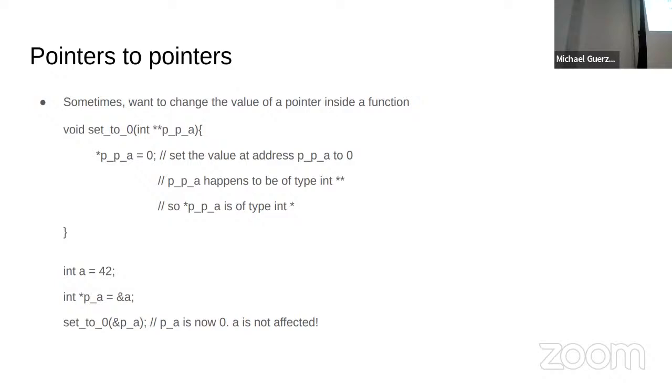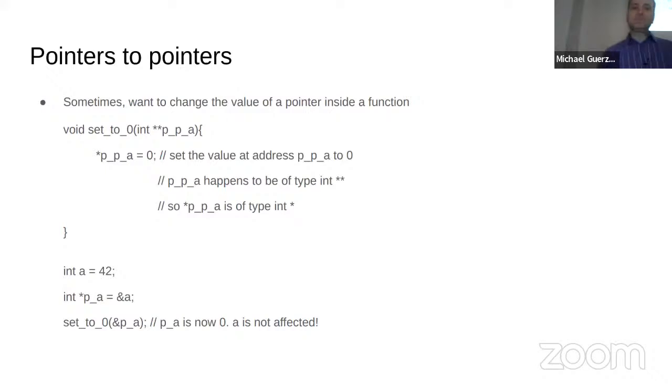Because all I want to do, nothing to do with A, is set the value of this variable PA to 0. And then I reason back. Well, PA is of type int star. What kind of information do I need in order to set the value of PA to 0? I need the address of PA. What's the type of that? Well, it's int star star, because PA is of type int star, so the address of that must be of type int star star.